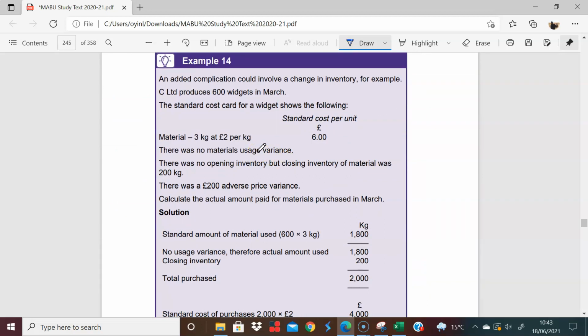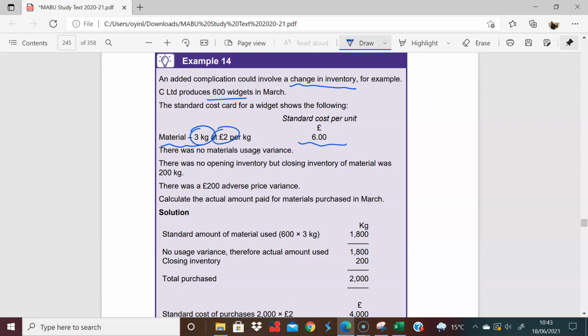Let's talk about an added complication, but I think it's more about reading the question carefully, because you're talking about buying in products, so you could have a change in inventory. It says that C Limited produces 600 widgets, and to make these you need 3 kilograms at £2 each.